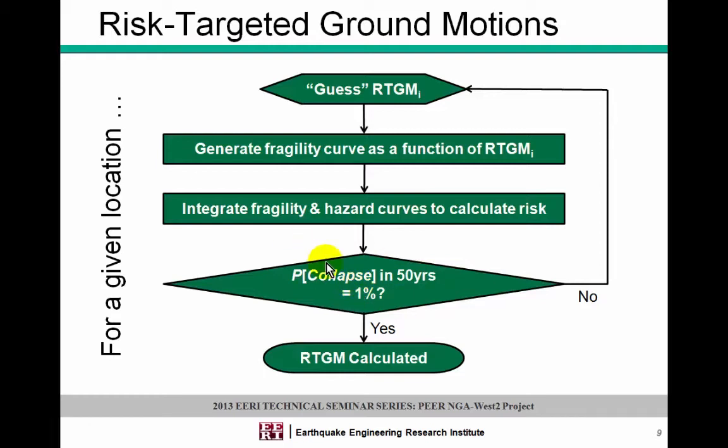If it's 1%, you guessed right. You got the risk-targeted ground motion. If not, you tweak your risk-targeted ground motion, tweak the fragility curve because it depends on that risk-targeted ground motion that you're designing for, do the risk integration, and check again, until you've reached this goal of 1% probability of collapse in 50 years for the building design.